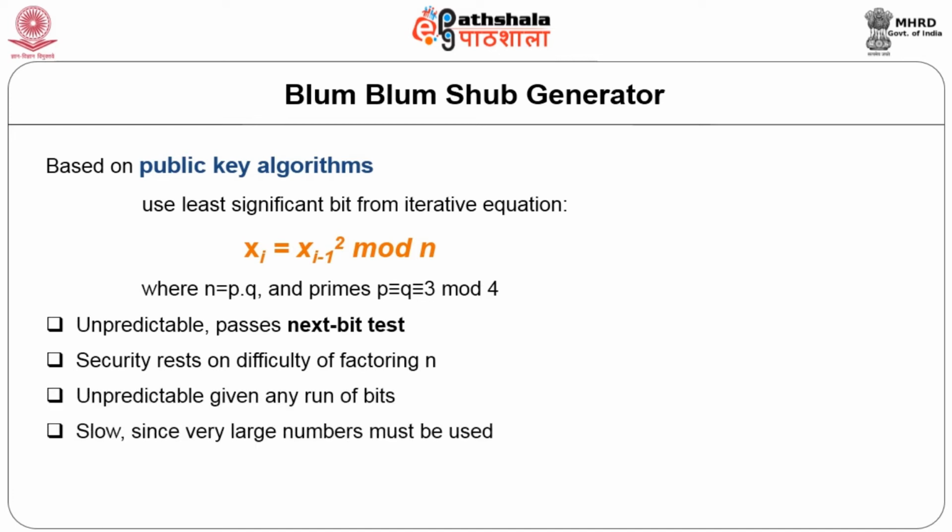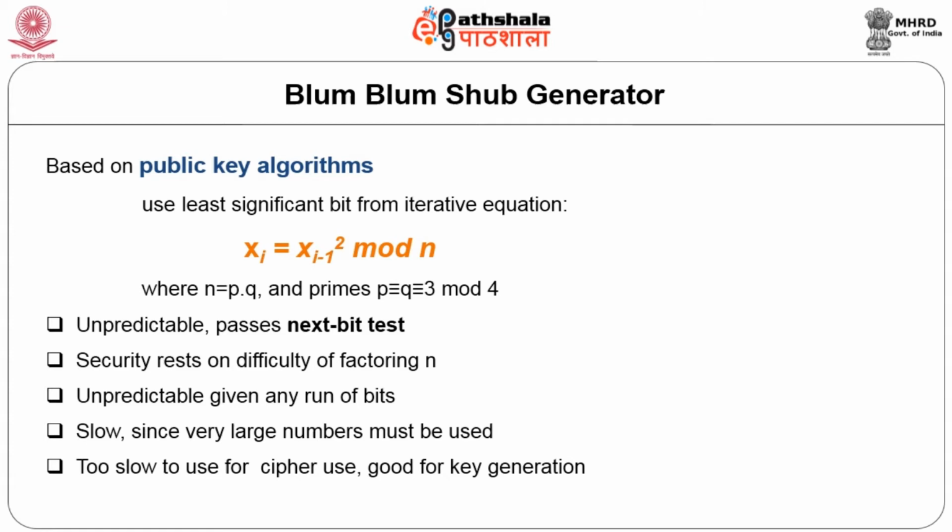It uses the least significant bit from an iterative equation, meaning that if the equation is generating n bits, it would take only the least significant bit. The rest of the bits would not be used. The equation goes like this: xi = (xi-1)^2 mod n.